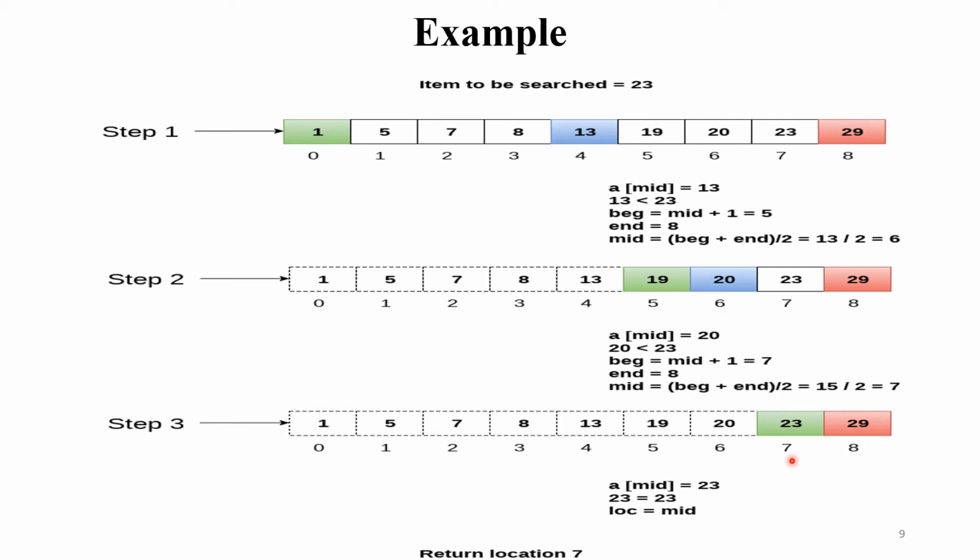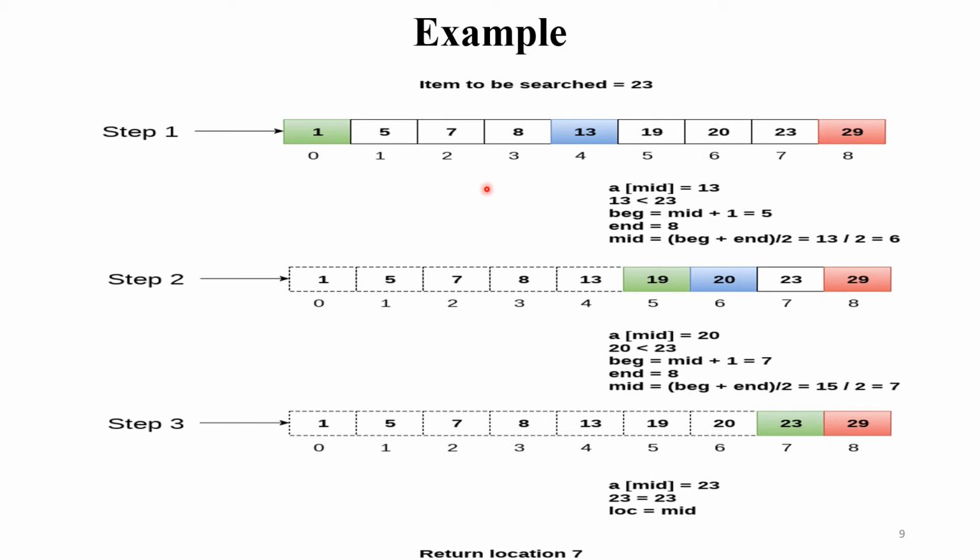Here beginning is 7, end is 8, so 7 plus 8 divided by 2 is 7. So we find our middle element. Now we compare this middle element with our key: 23 is equal to 23. Then we find our key with its location. So, is this example clear to all of you?